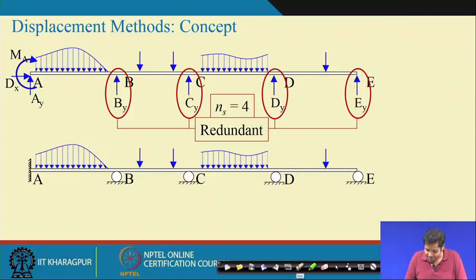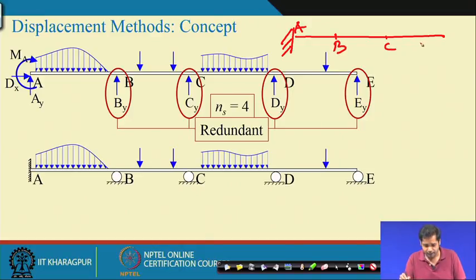If we take these as redundant forces, then the primary structure becomes a cantilever beam, A and then B, C, D and E. This is the primary structure. Now, we need to solve this structure 5 times: once under the external load, and then 4 times for the 4 different redundant forces, and then apply the compatibility at 4 different joints to get the 4 additional equations. So this is the primary structure for the force method.